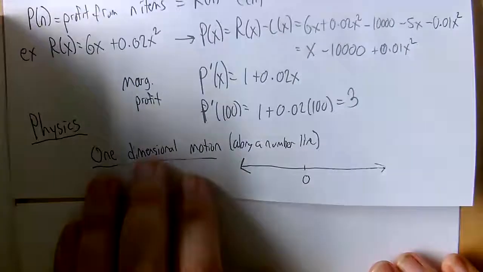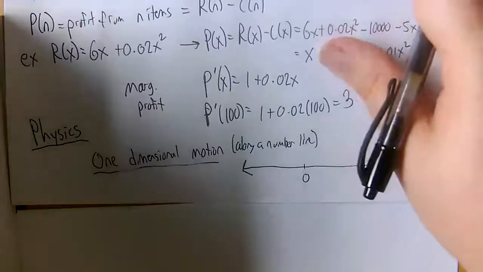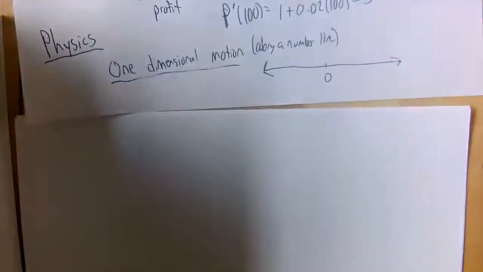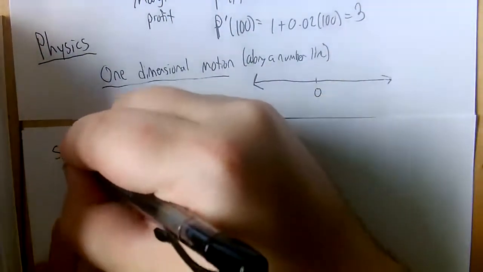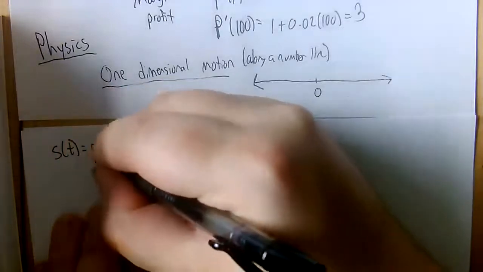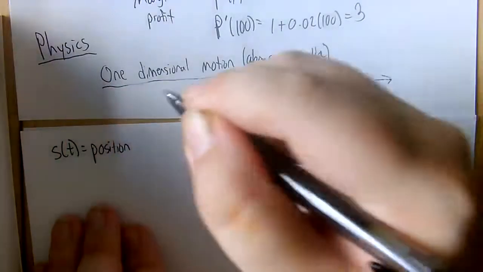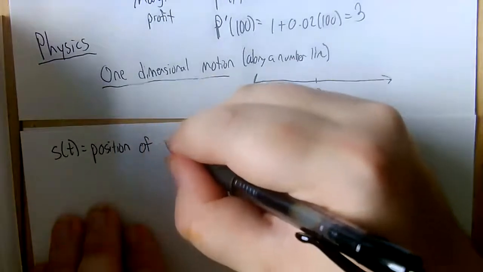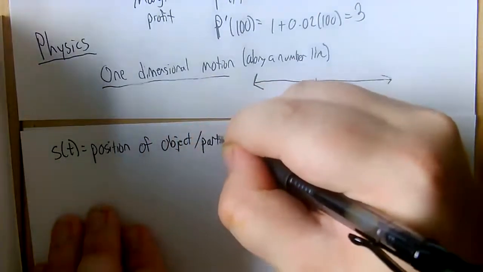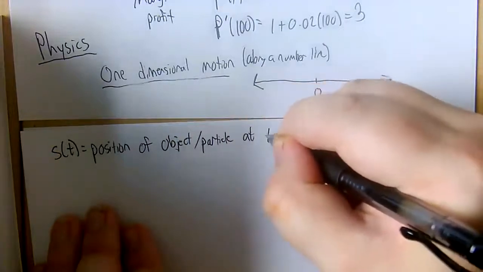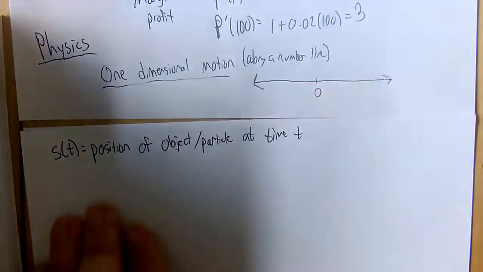Okay. Now, what we're going to do first here is we're going to define a function called s of t. Now, s of t will be the position of your object or particle or whatever you want to call it at time t.